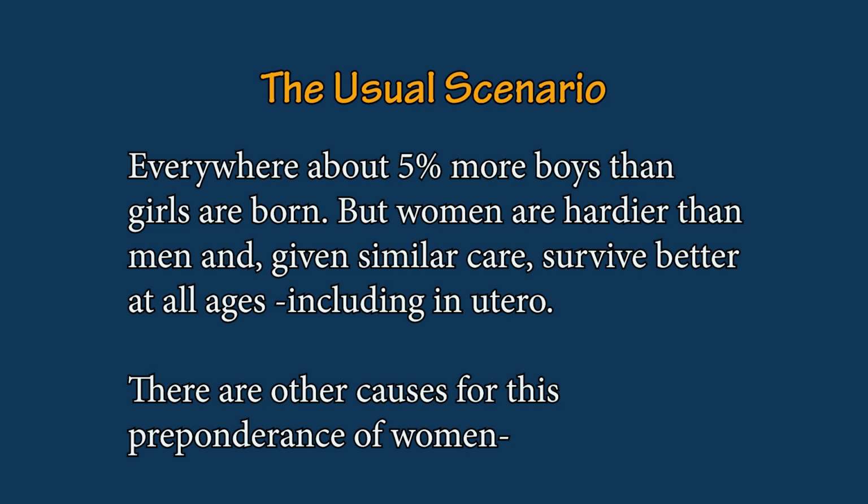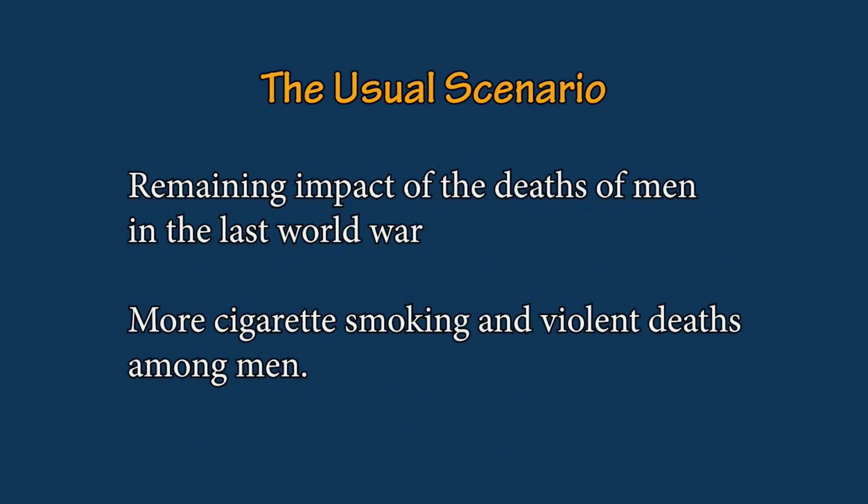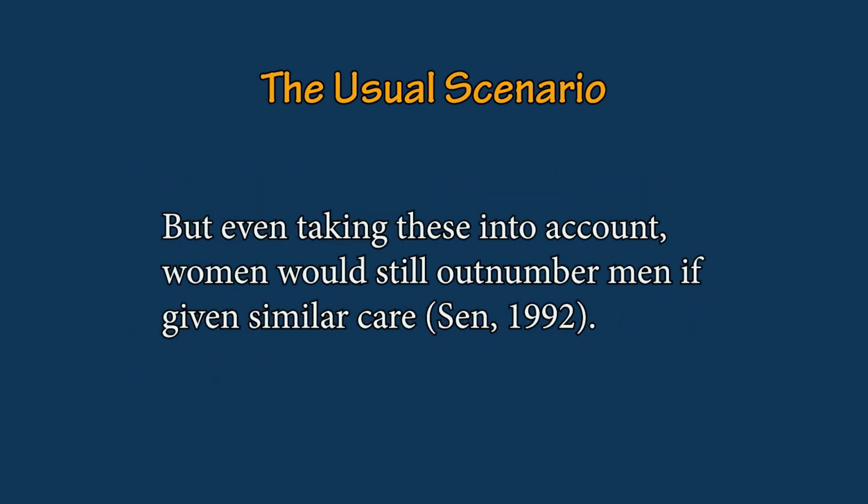There are other causes for this preponderance of women: the remaining impact of the deaths of men in World War II, and more cigarette smoking and violent deaths among men. But even taking these into account, women would still outnumber men if given similar care.